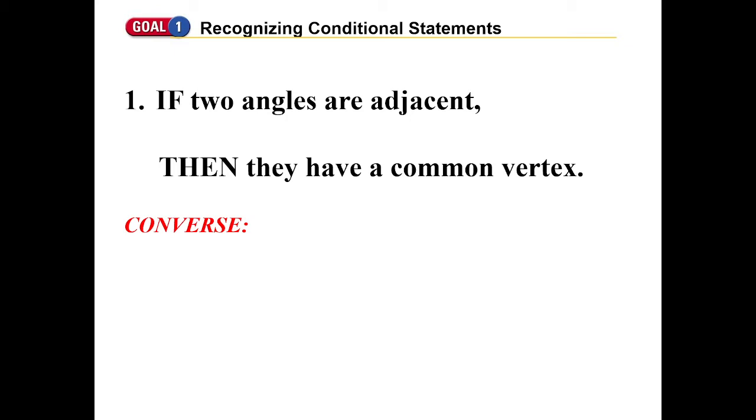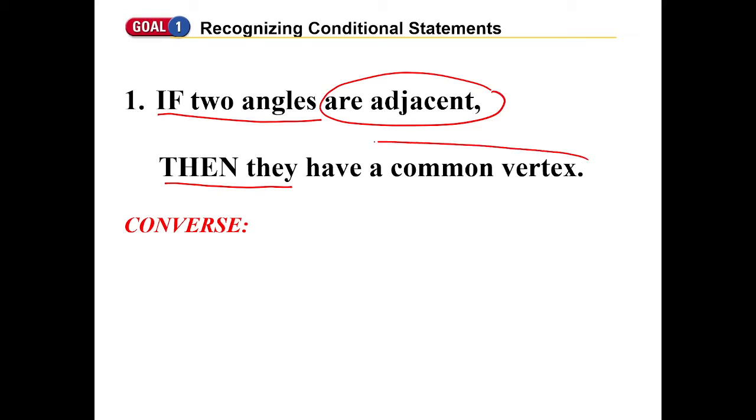Okay, now here's the thing with English sentences. When we make if-then sentences, we do not start with a pronoun. We start with a noun. So our technique here is this: the if two angles and the then they will remain. The two verbs are what we interchange first.